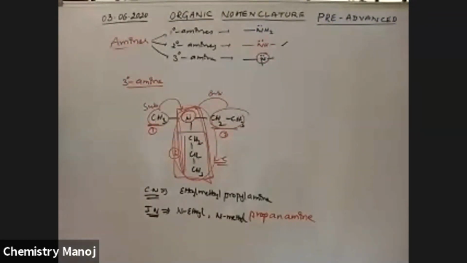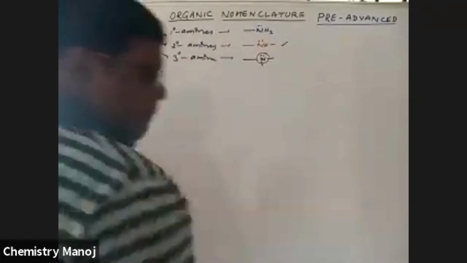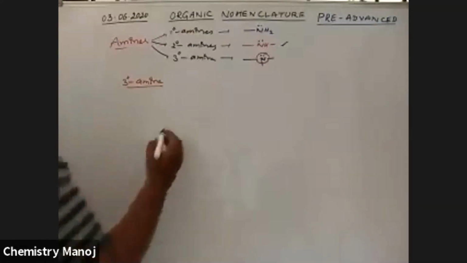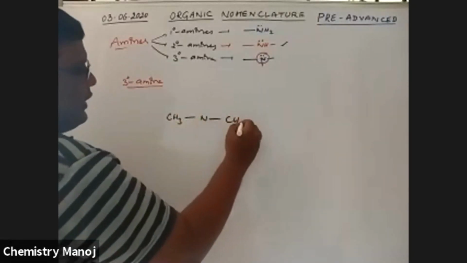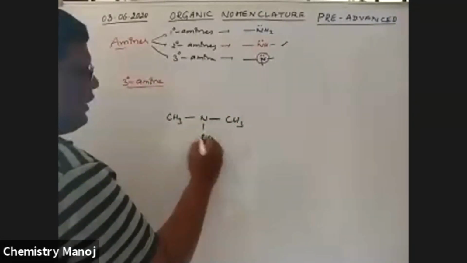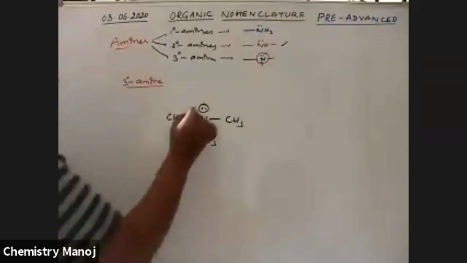Okay. Next, one more example: CH3, N, CH3, CH3, with a lone pair on nitrogen.